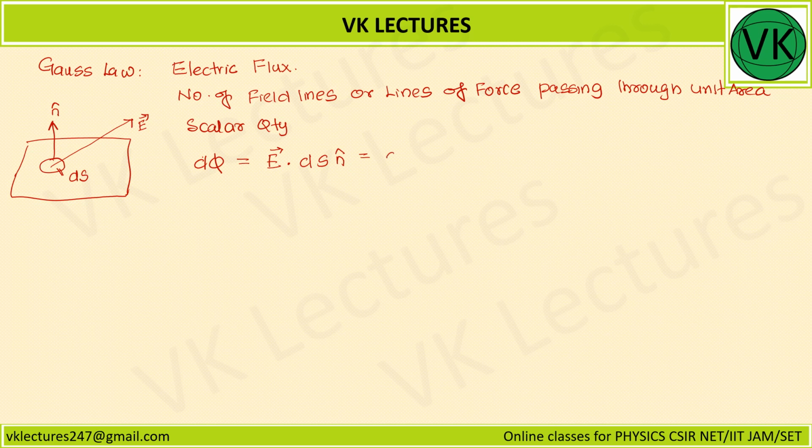This also can be written as E dot ds, and that is E ds cos theta, and theta would be the angle between this area vector and the electric field. So this is where you can write theta. So theta is the angle between the area vector and the electric field.